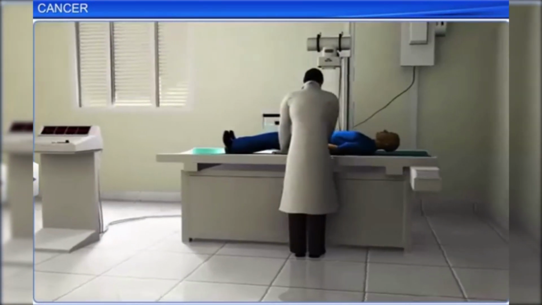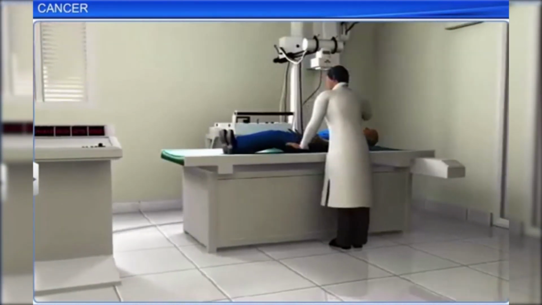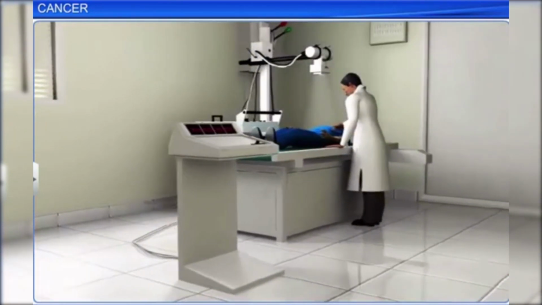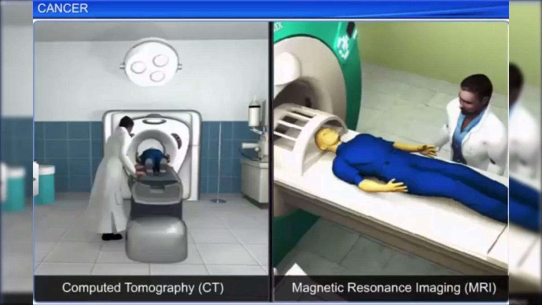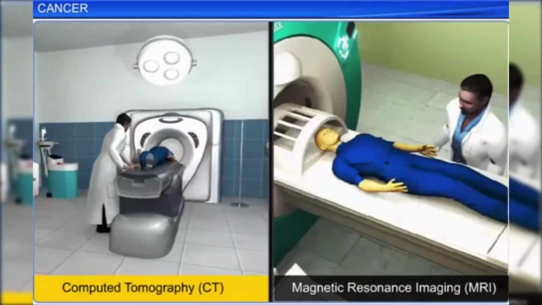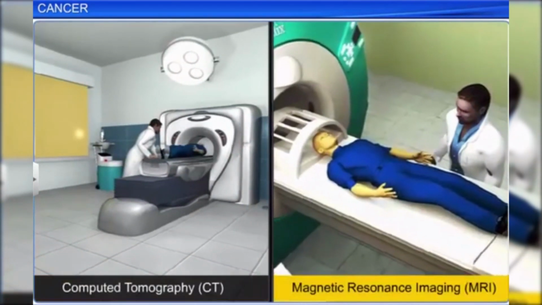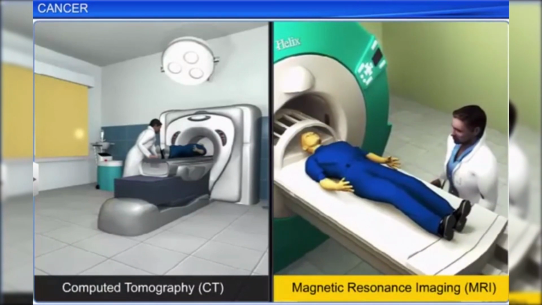Apart from these methods, detection of cancer in internal organs is made possible by techniques such as radiography, that is, the use of X-rays, CT or computed tomography, and MRI, that is, magnetic resonance imaging scans.